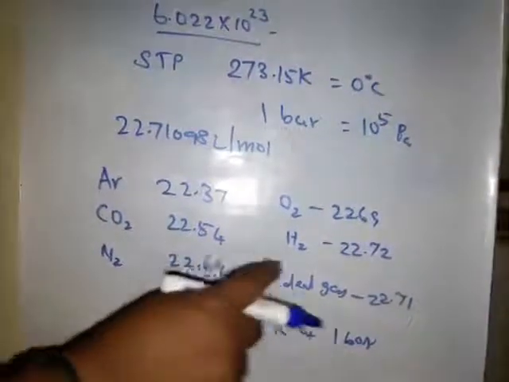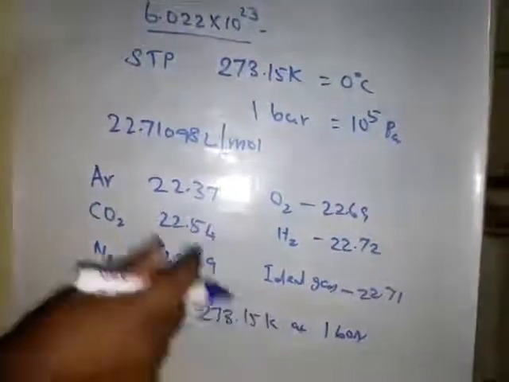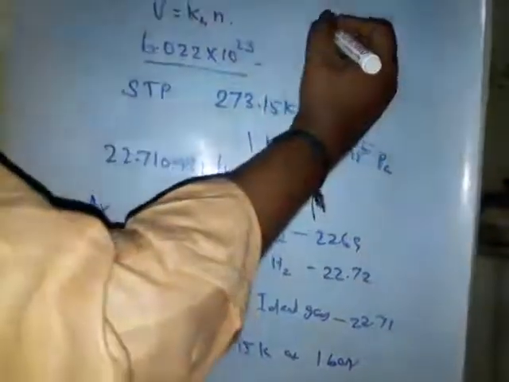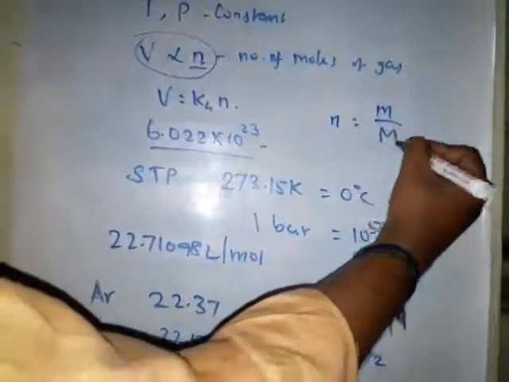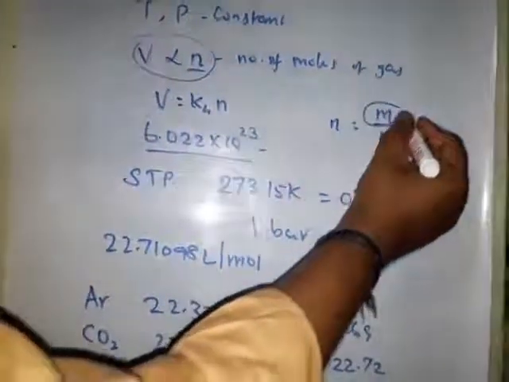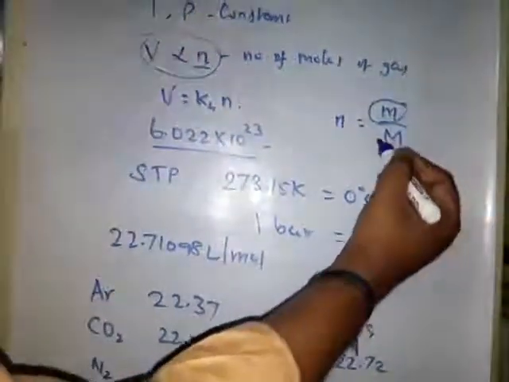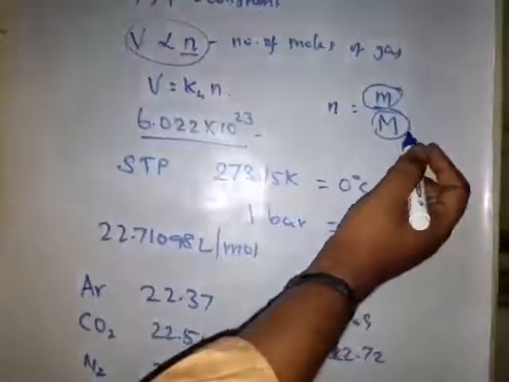The number of moles of gas can be calculated as n is equal to m divided by capital M, where small m is mass and capital M is the molar mass.